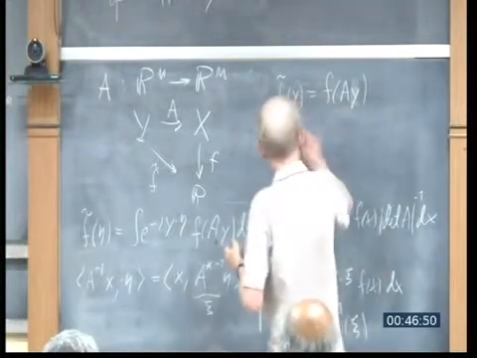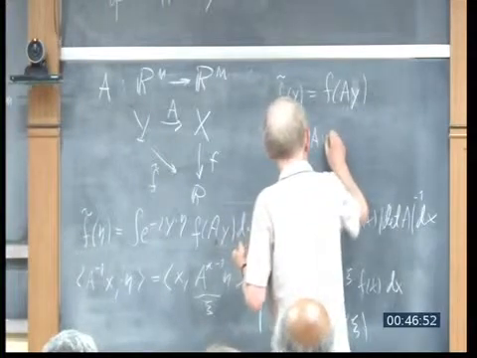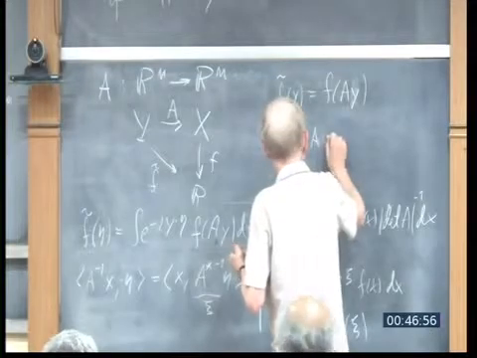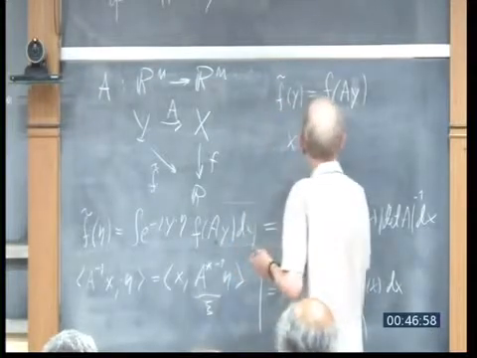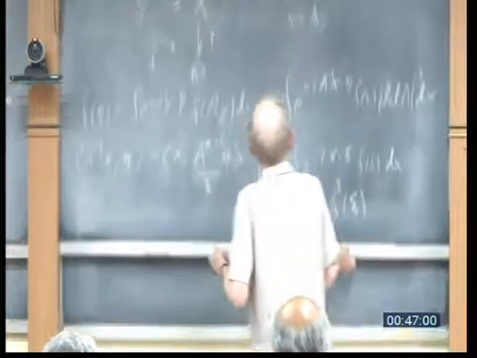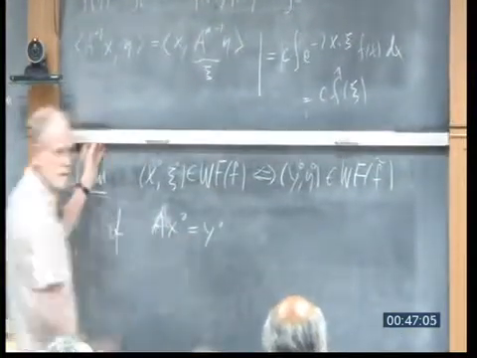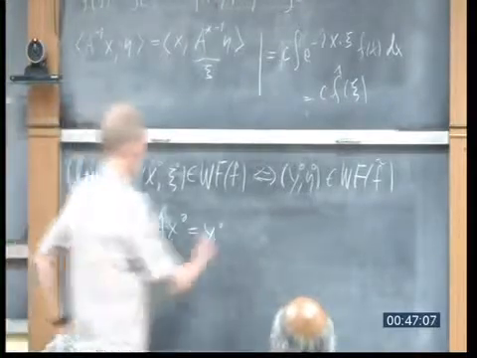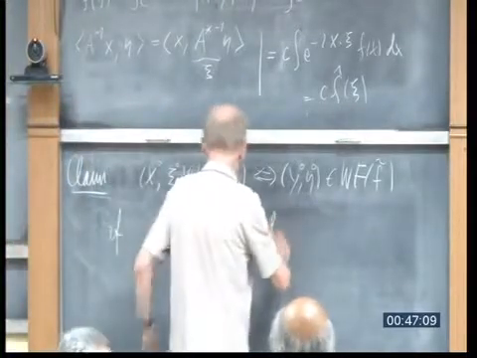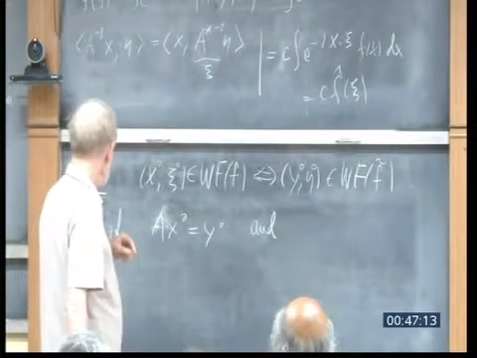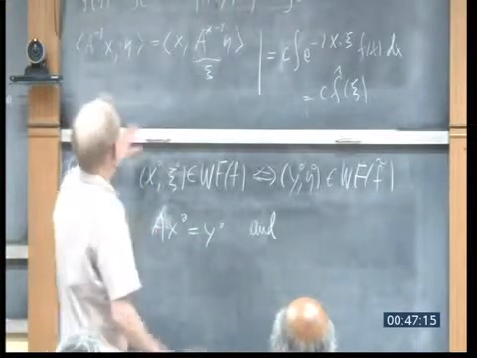X equal to, it's very easy. A y 0 is at 0. A is from y to x.